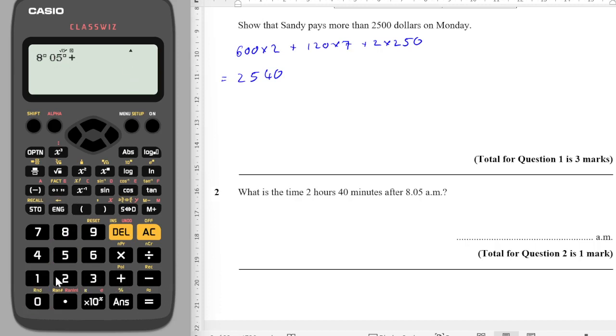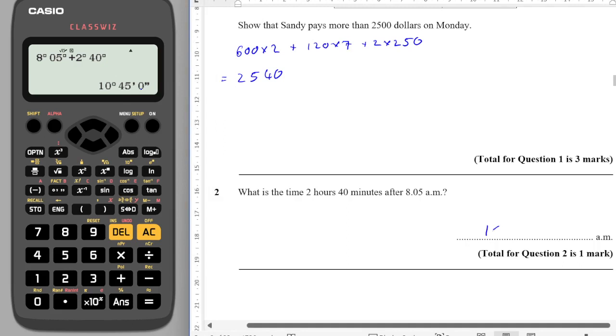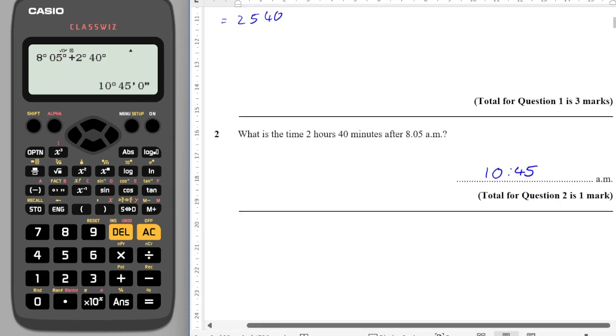And to that I want to add on 2 hours and 40 minutes. My calculator will automatically do that for me, telling me 10 hours, 45 minutes and 0 seconds, so 10:45. I'm sure you're more than capable of doing it without a calculator, but it's useful to just do a recap of how that time function works.